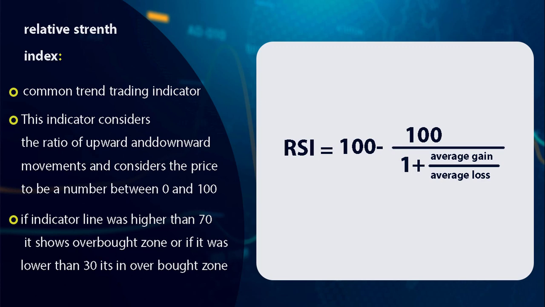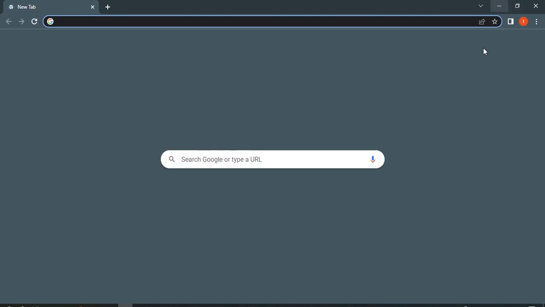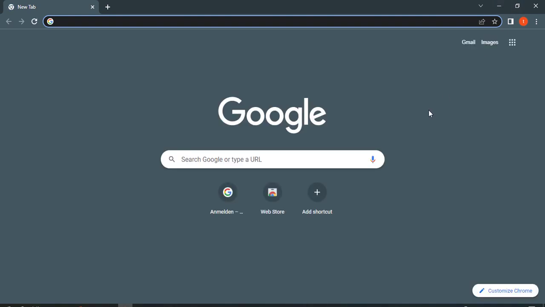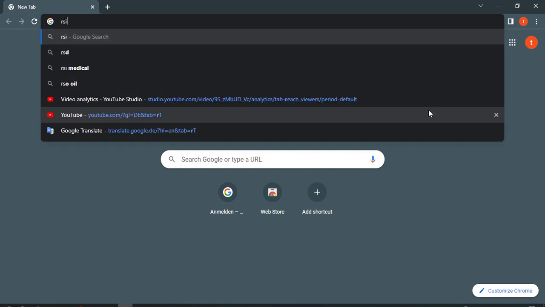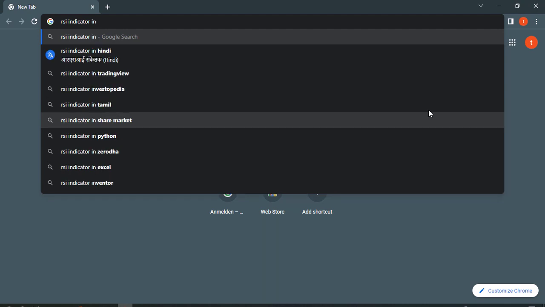If you want to know more about the mathematical aspect of this indicator, you can use this website, Investopedia.